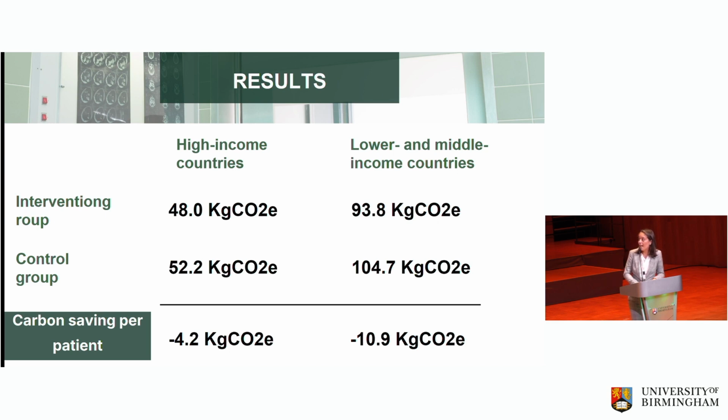So we're looking at 4.2 kilograms of CO2 equivalents saved in high-income countries, and 10.9 kilograms CO2 equivalent saved in lower middle-income countries per patient. So the 10.9 is equivalent to the emissions that you would have if you were to drive from here to Leicester. And this is per patient, so it is significant.